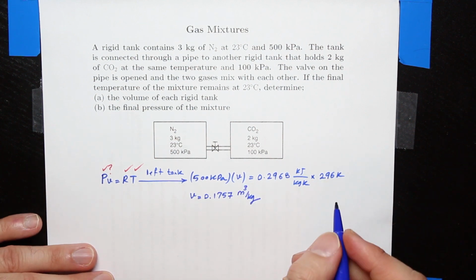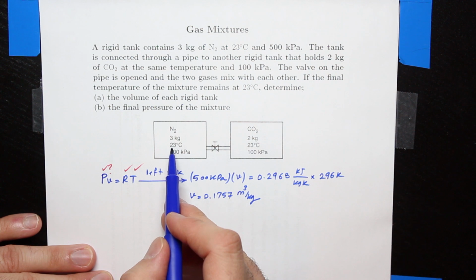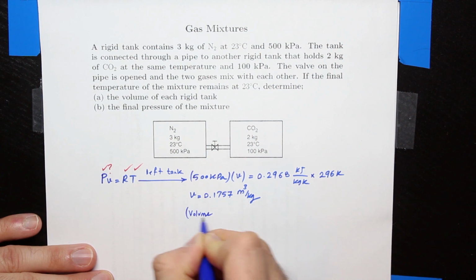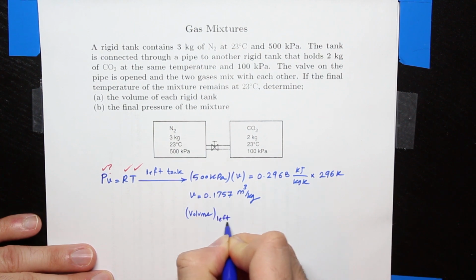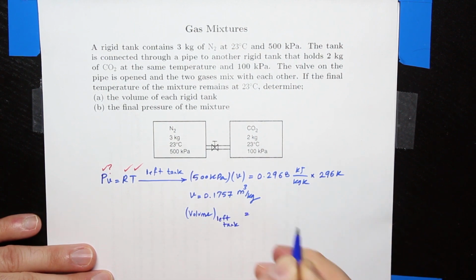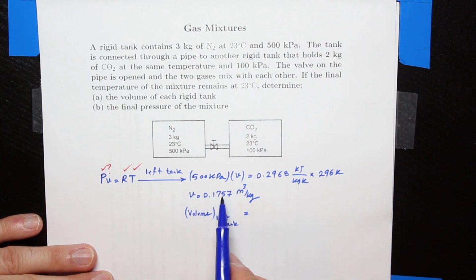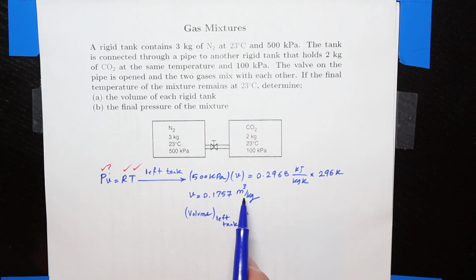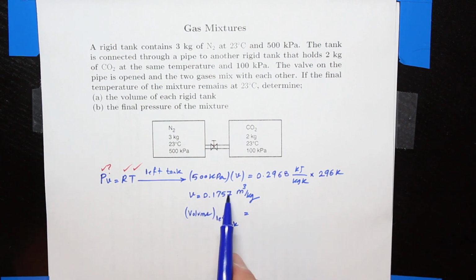Right? Now, because I also have the mass, then by utilizing these two, I should be able to find the volume. So the volume of the left tank is going to be equal to the specific volume multiplied by the mass, because just look at the units. The unit is meter cube per kilogram. All I want to do is to get rid of the kilogram. So all I have to do is just to multiply these by mass to get rid of kilogram.